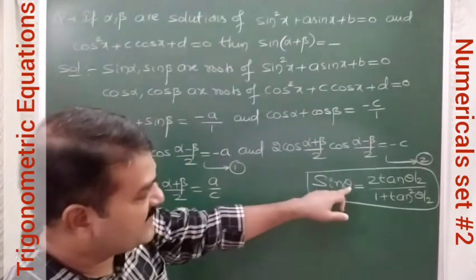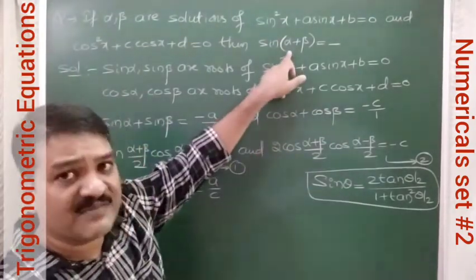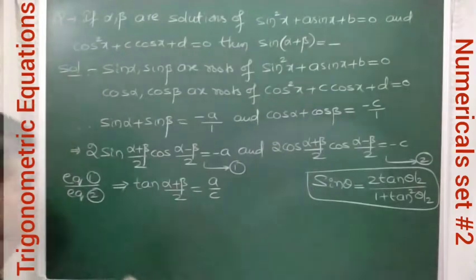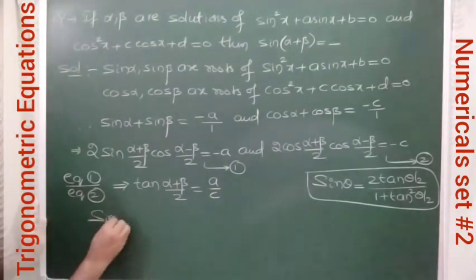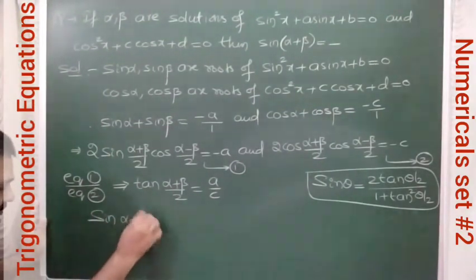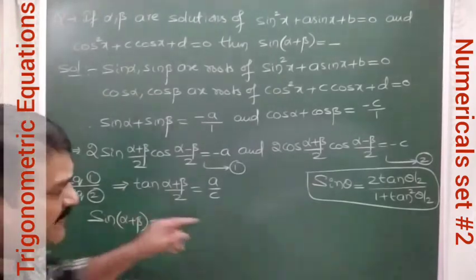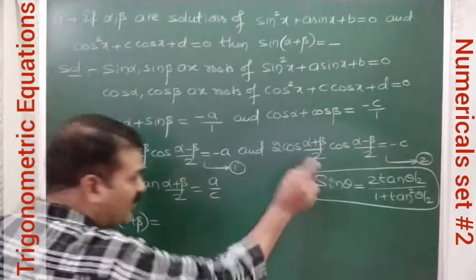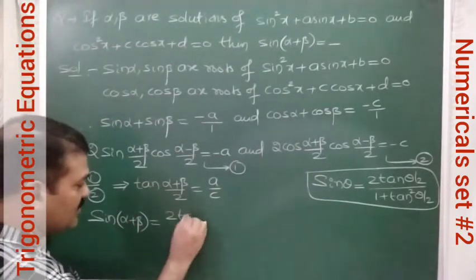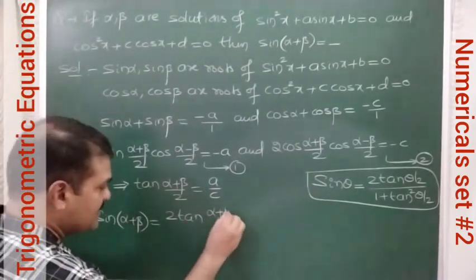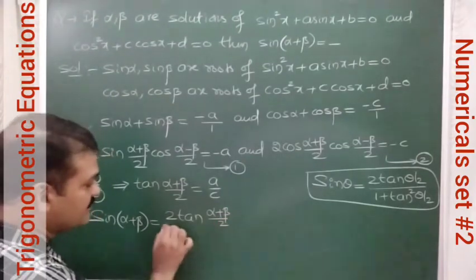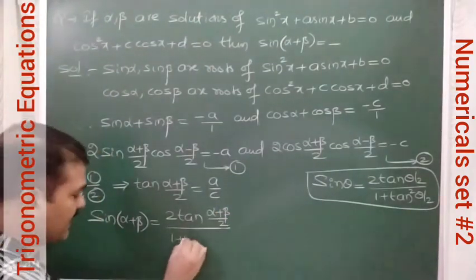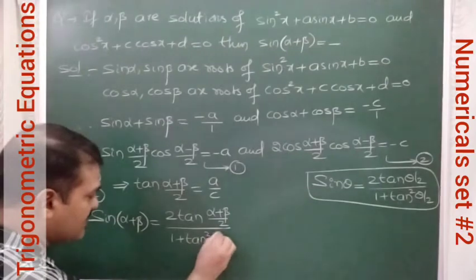Just in place of theta, we have to use alpha plus beta. So I will write the formula first. Just replace theta with alpha plus beta. So sin of (alpha plus beta) is 2 tan (alpha plus beta by 2) by 1 plus tan square (alpha plus beta by 2).